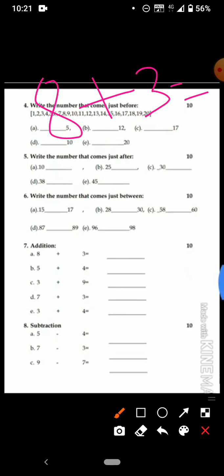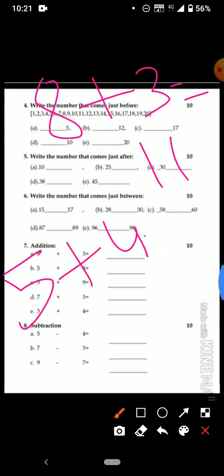Do finger counting. 8, after that 9, 10, 11. So 11. 5 plus 4 is 6, 7, 8, 9. 9. I'll explain in the next video how to do addition and subtraction.